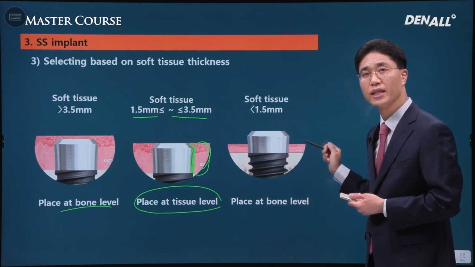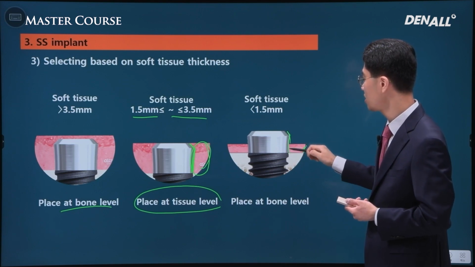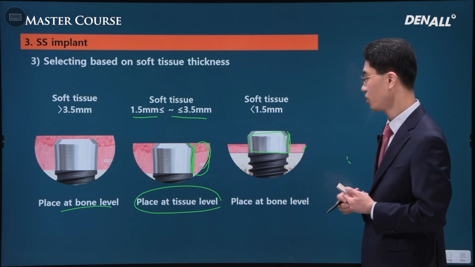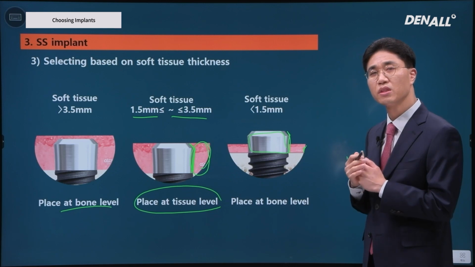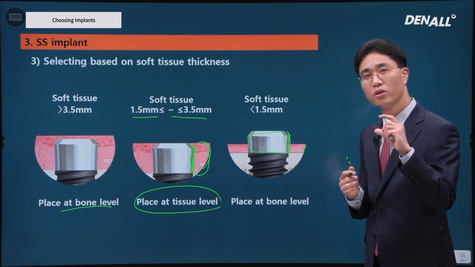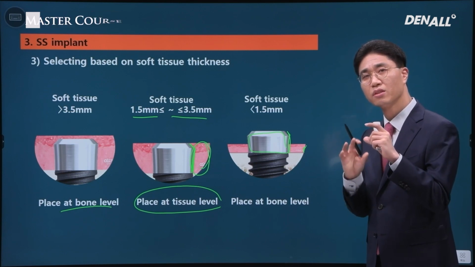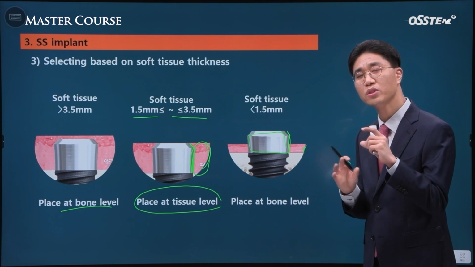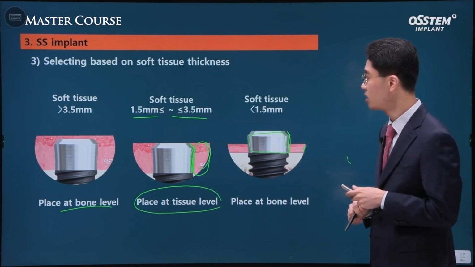If soft tissue thickness is thin, then the machined surface may be exposed. Such results can occur, therefore you need to consider soft tissue thickness to determine the implant placement position and determine what kind of implant you're going to use.